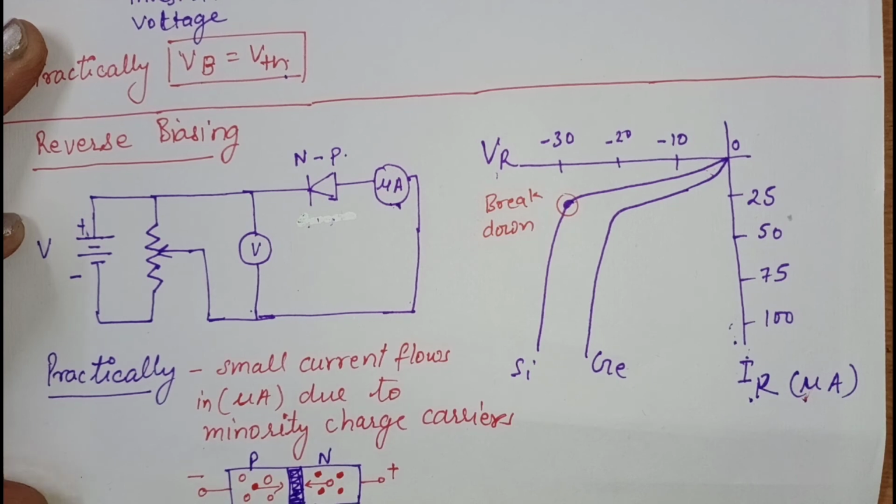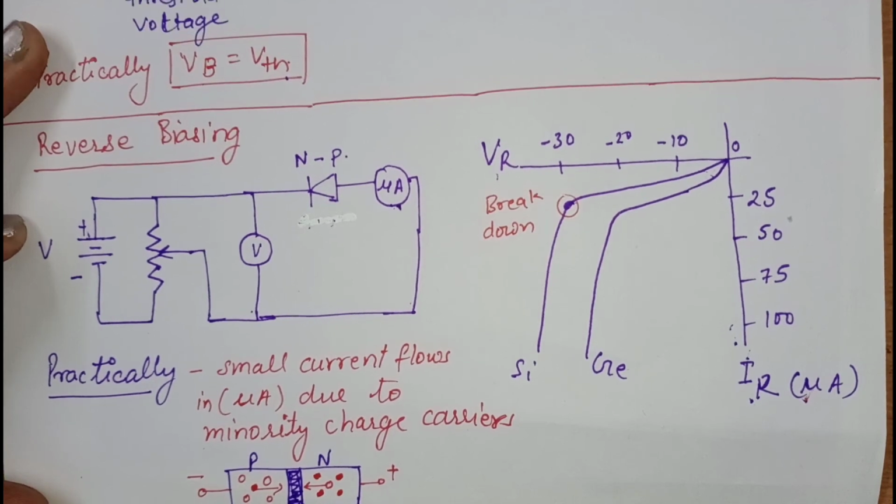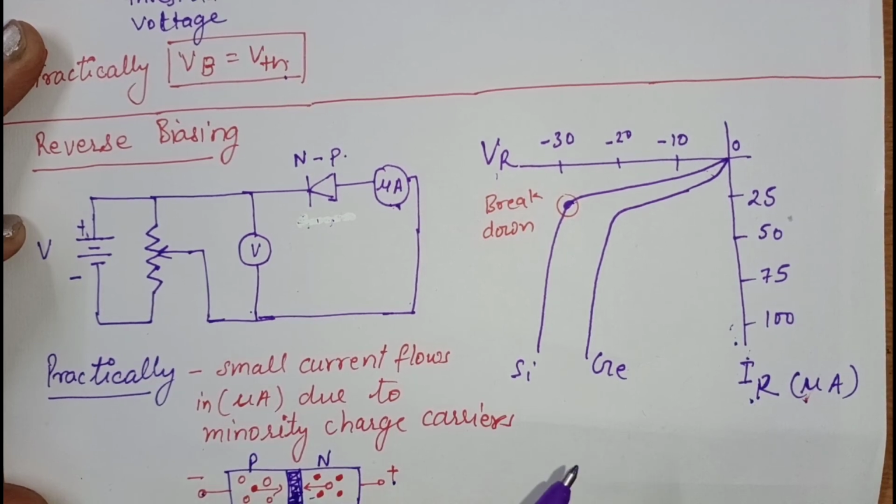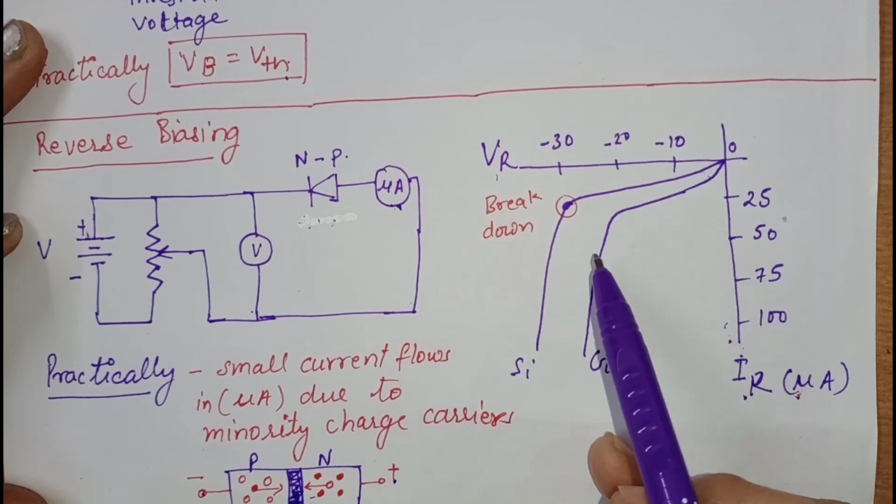In reverse bias condition, the depletion layer is very wide, because when we connect the PN junction in reverse biasing, holes move towards the negative terminal and electrons move towards the positive terminal. So at the junction there is no recombination of electrons and holes, and the width of the depletion layer keeps on increasing and increases the junction resistance. That's why there is no current in reverse biasing.